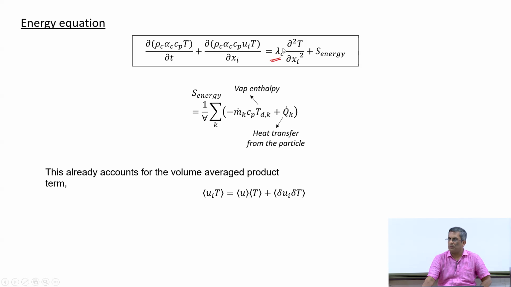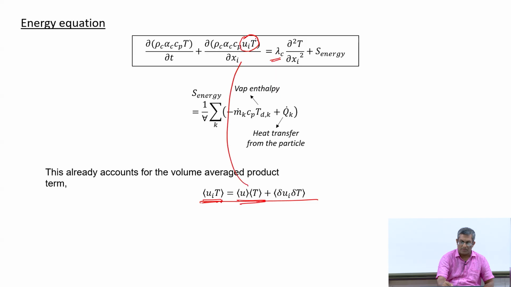And why is this so? Because of this. Again, you see you have this term here, basically this term. This is the product of the fluid velocity and temperature. But if we do volume averaging of this quantity, we get this. So what is written here is essentially this one.